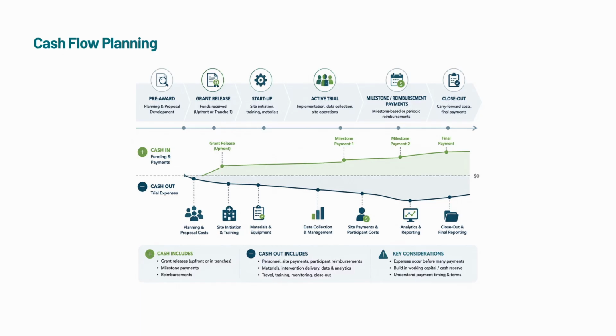You need to know when money comes in, when expenses go out, and where shortfalls could occur. This is especially important for grants paid in tranches, contracts tied to milestones, or site payments that depend on reimbursement cycles. A strong cash flow plan includes working capital, contingency planning, and clear payment terms with sites and vendors.